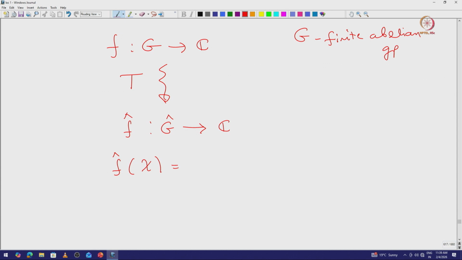If you recall, the chi's form an orthonormal basis, so all we need to record f is the inner product between f and chi. We record that using the Fourier transform. This is the cardinality of G times the inner product of f and chi, which is exactly equal to the summation of f of x chi of x bar, where x comes from G.